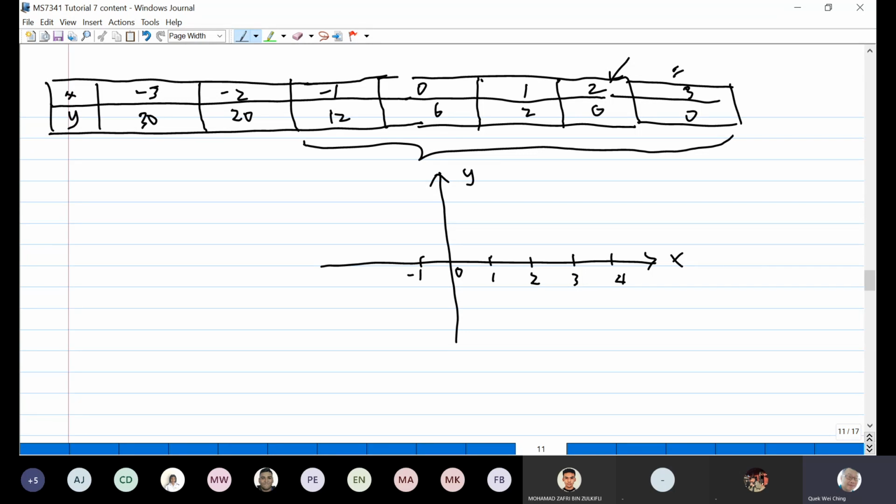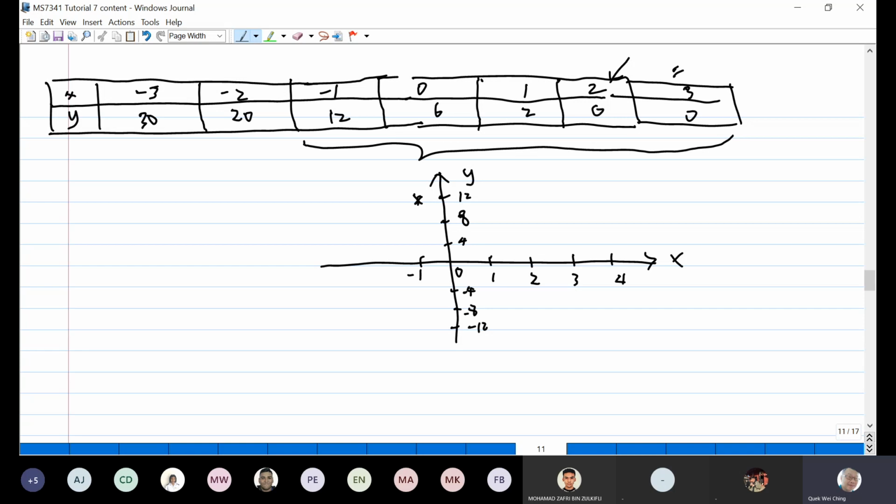So let's say I use 4, 8, 12, a different scale. So -1 you get 12, somewhere here, this is 12 here, 1 point.